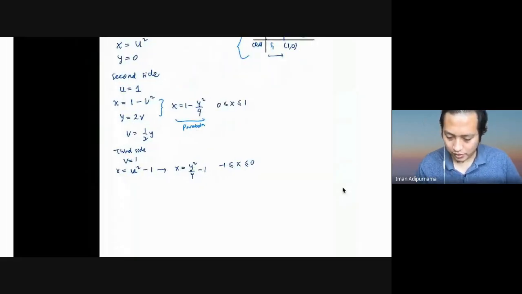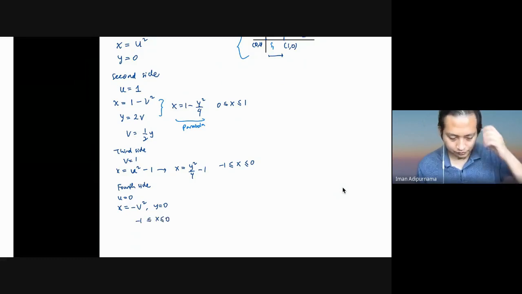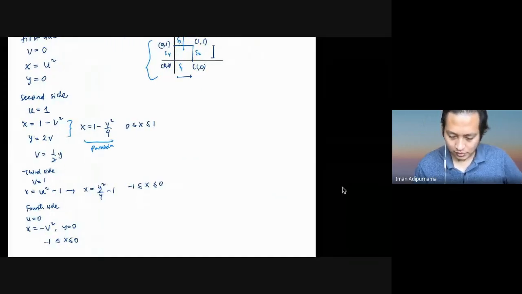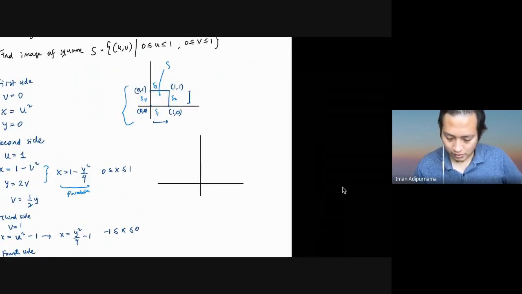And the last one, I forgot the fourth side. It's u is 0, then x is negative v squared, and y is 0. So it will be x from -1 until 0. So from this square, we can convert to xy positions.